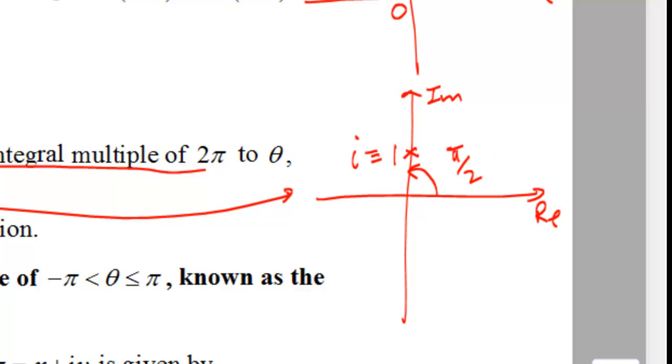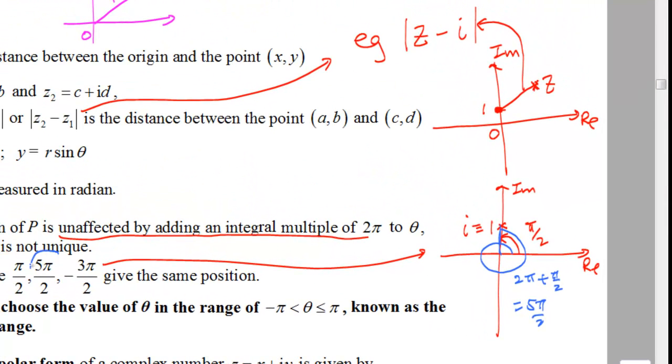But if we want to measure the angle from the positive real axis in this way, by going one complete round and reaching the line from 0 to 1 again, we will have a full round of 2 pi plus pi over 2. That will be 5 pi over 2, and that is exactly the second one.